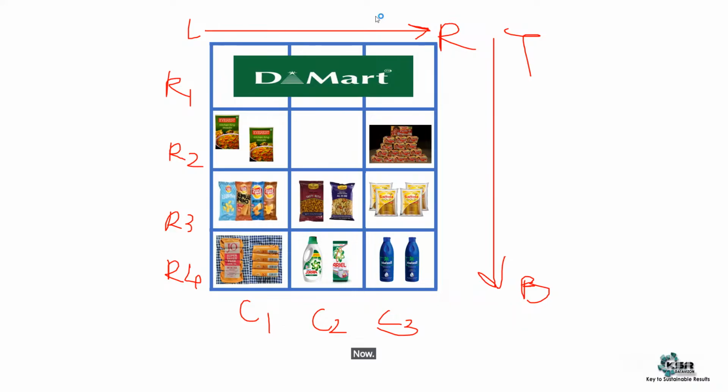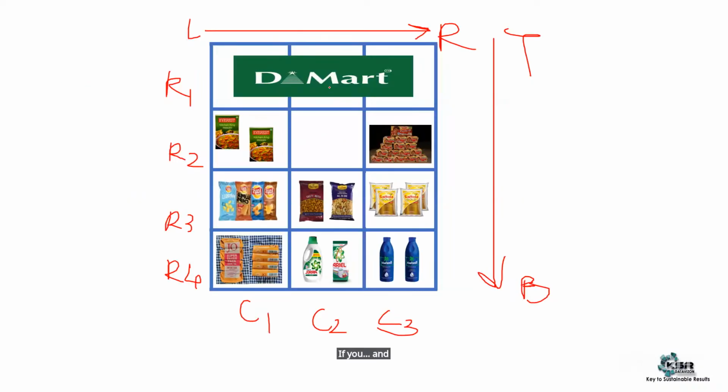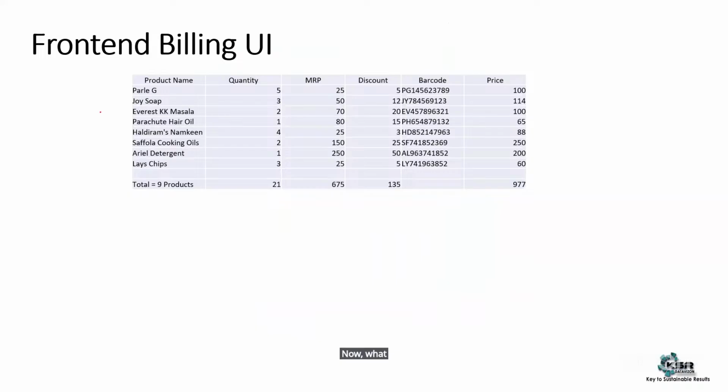Now, this might be a pictorial representation. But at the end of the day, if you purchase some products, say 5 or 6 items, and you go to billing, what is billing? If you go to a billing counter, they would give you a bill, right?